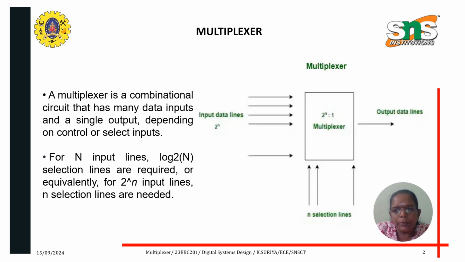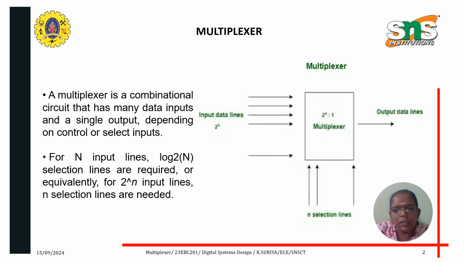For n input lines, log n to the base 2 selection lines are required, or equivalently 2^n input lines, n selection lines are needed. Multiplexers are also known as n to 1 selectors, parallel to serial converters, many to 1 circuits, and universal logic circuits.